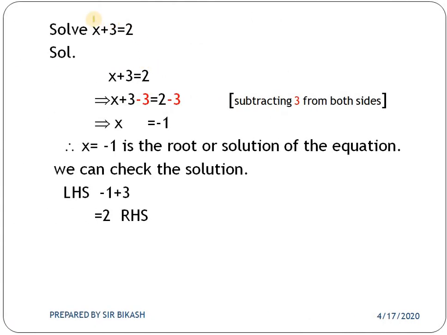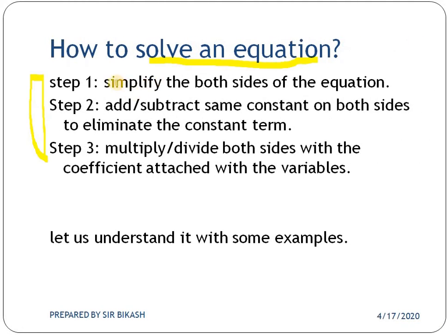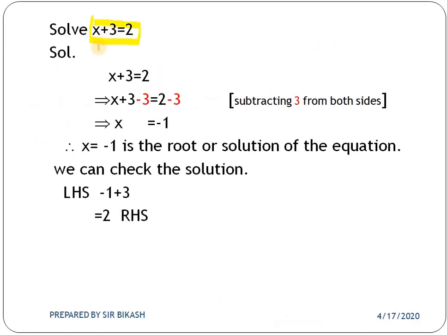So this is a very simple linear equation: x plus 3 equals 2. How to solve this? First of all, step 1, simplify both sides of the equation. This equation is already simplified, no need to simplify it further.